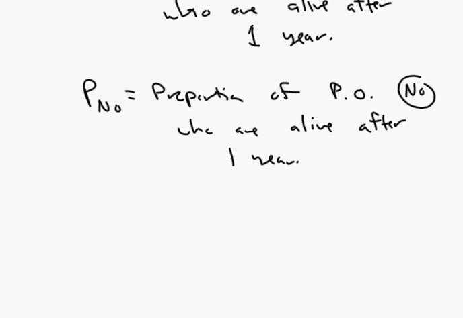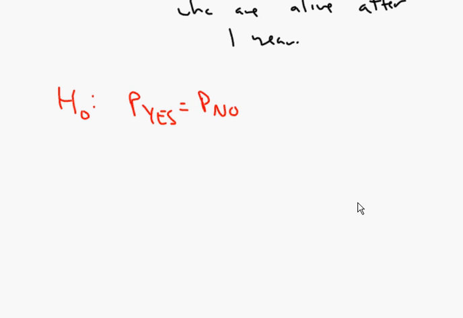Now, what would our hypotheses look like? Well, if owning a pet has no difference on how likely you are to survive when you're faced with coronary heart disease or some other condition, then these two proportions should be equal. P yes should equal P no. All right? Now, the way this researcher is implying things, they seem to be saying that the proportion of people who stay alive after a year would be greater if they owned a pet versus the group of people that don't own a pet.